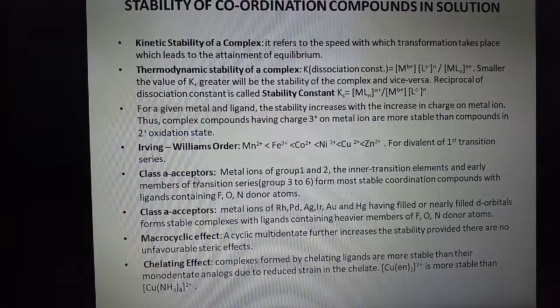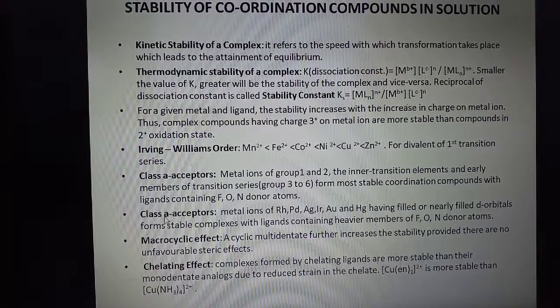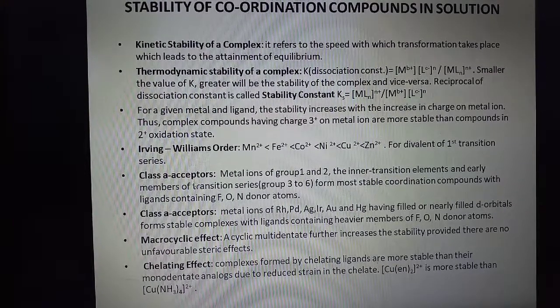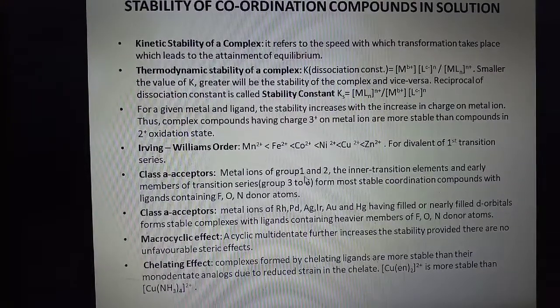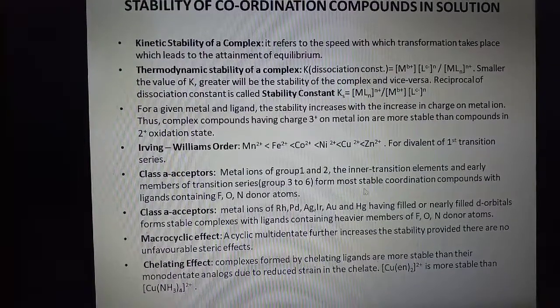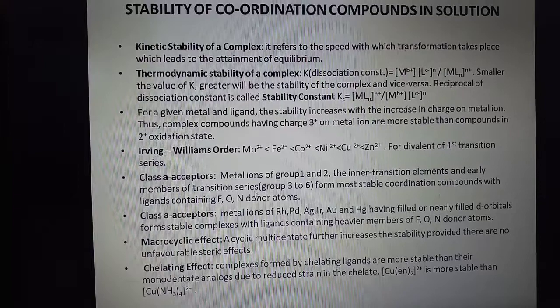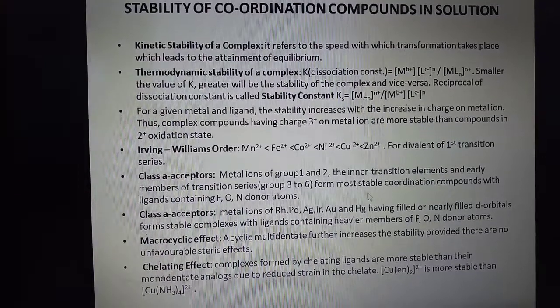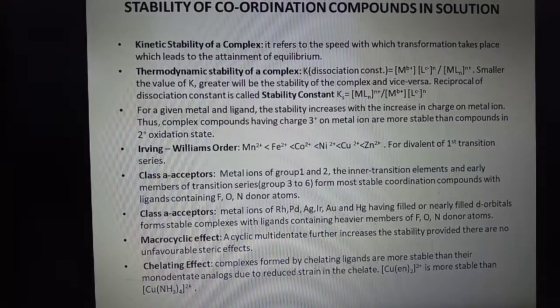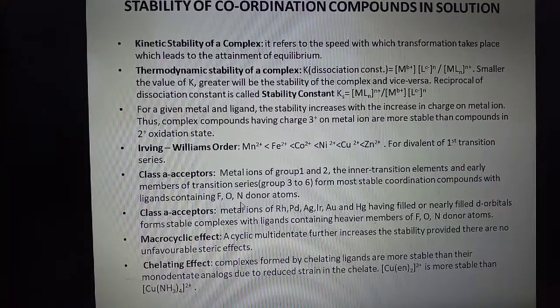Regarding class A acceptors and class B acceptors, the labels are misrepresented here: this should be B, and this is class A acceptors. Metal ions of groups 1 and 2, the inner transition elements and early members of the transition groups from 3 to 6 form the most stable coordination compounds with ligands containing F, O, N donor atoms, that is fluorine, oxygen and nitrogen.